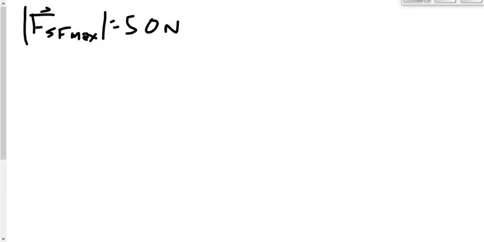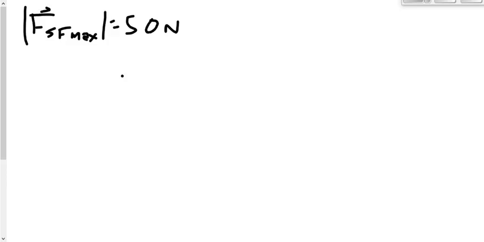I'm going to make a little table on the board here. Let's say that somehow we determine the maximum force of static friction. We'll call it F_SF max, to be 50 newtons. Now, don't worry about how we get that value. Let's just say for whatever reason, that stubborn static friction force can push as hard as 50 newtons if it has to.